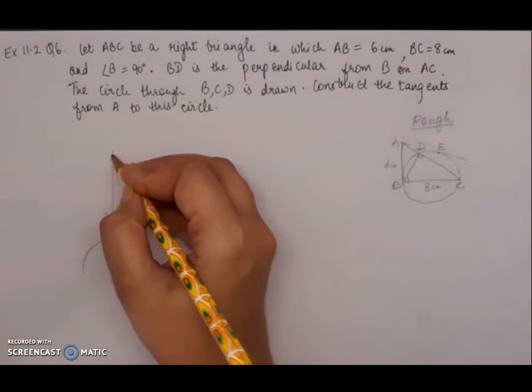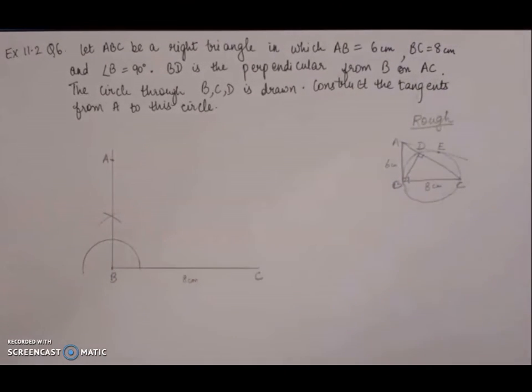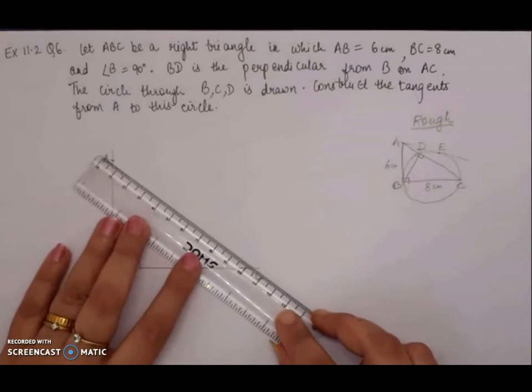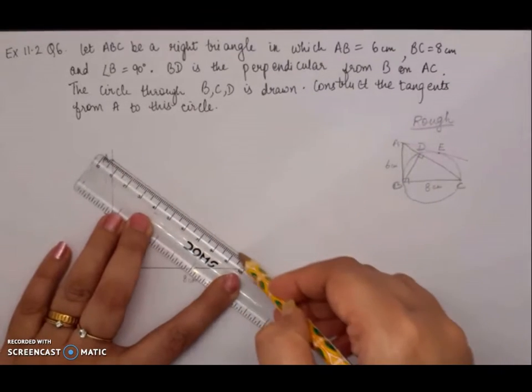So measure 6 cm and mark the point as A. So we have AB 6 cm, BC 8 cm and angle B 90 degrees. So when we join AC, we will get the required triangle.